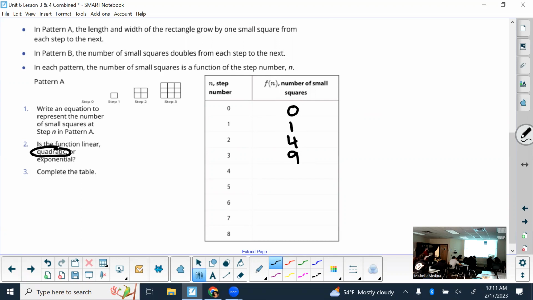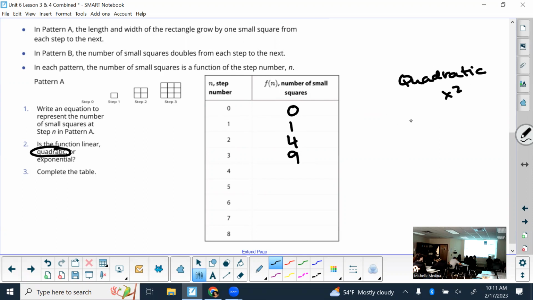Pattern A is quadratic. And how do you know? Because they're squaring the step number, so that's a big indication. Quadratics have an x squared in it, and they could be doing other stuff to it, but in this one they're just squaring it, so that's really easy.